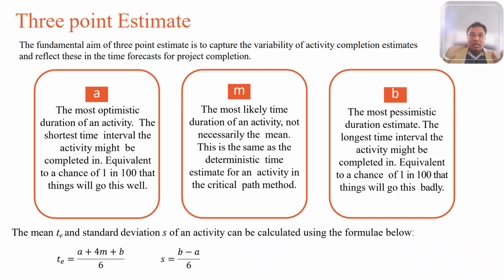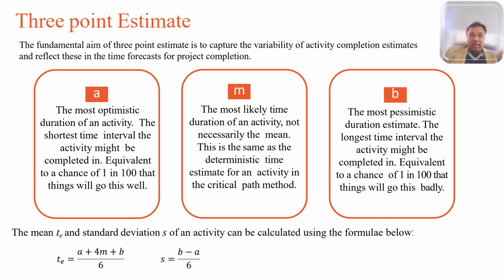So let's think about an example, using a prototype example. Suppose you want to calculate how many weeks this activity will take. Your estimated time could be your optimistic value of 2 weeks, plus 4 times your most likely time, which is 4, plus your pessimistic, which would take 8 weeks.